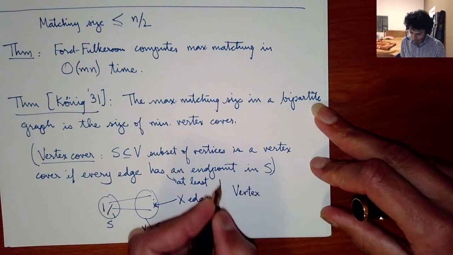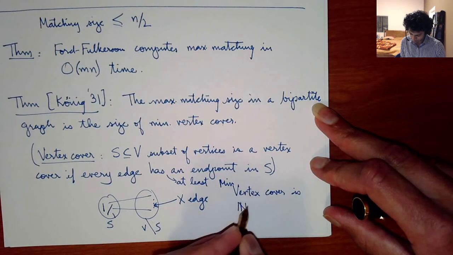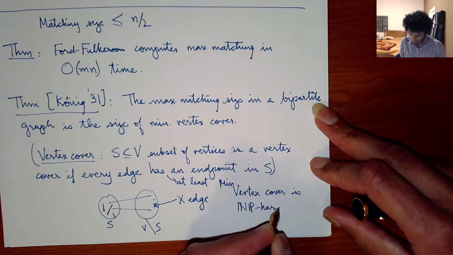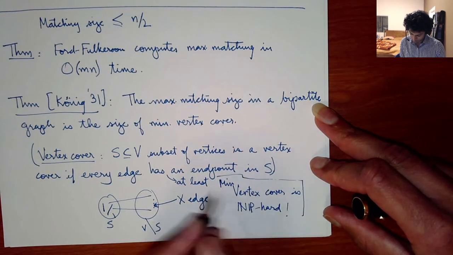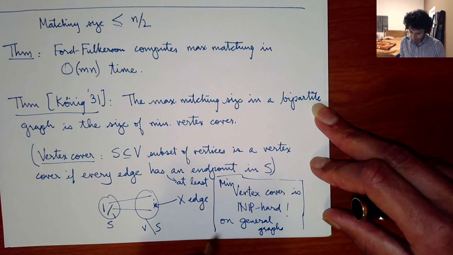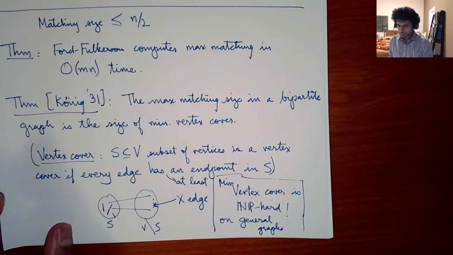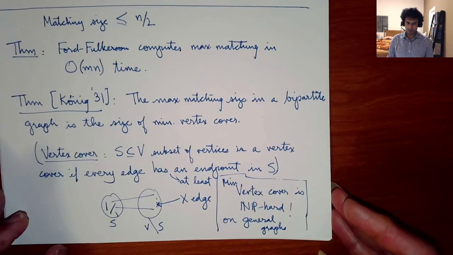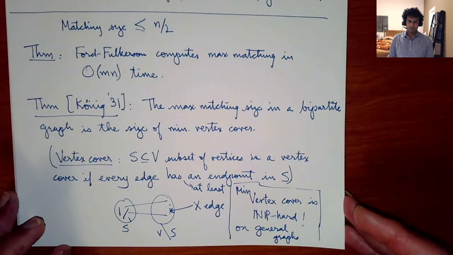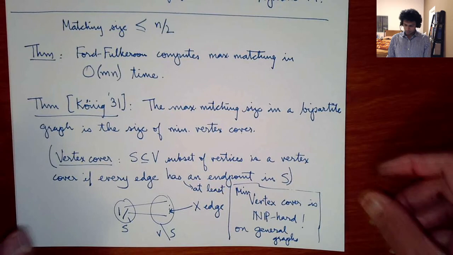Min vertex cover is NP-hard on general graphs, but it happens to be polynomial time computable for bipartite graphs. Any questions about the theorem statement? All right.